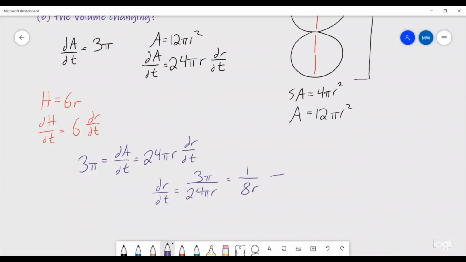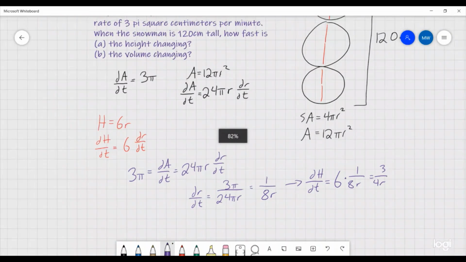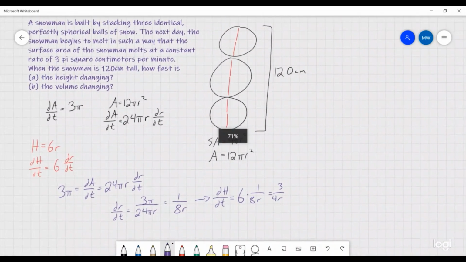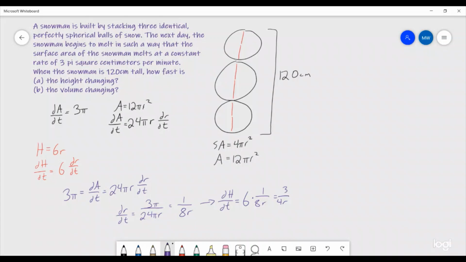So that means that dh/dt is equal to 6 times 1 over 8r. So this is going to be 3 over 4r. So if we know what the radius is, that'll allow us to solve for what dh/dt is. Now the nice thing is, we can solve for the radius, because we are looking at the instant when it is 120 centimeters tall.